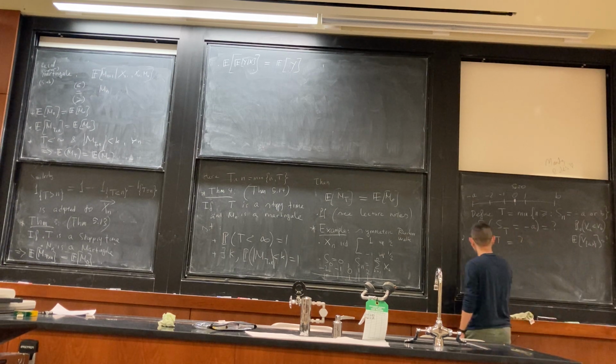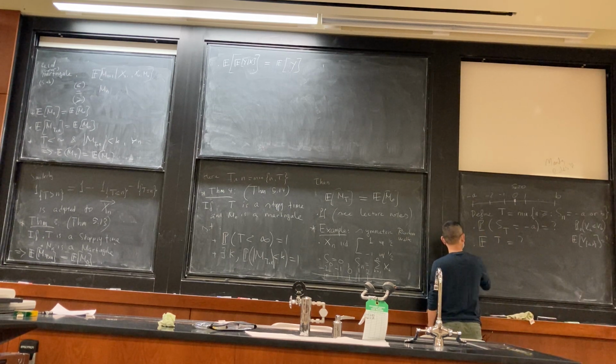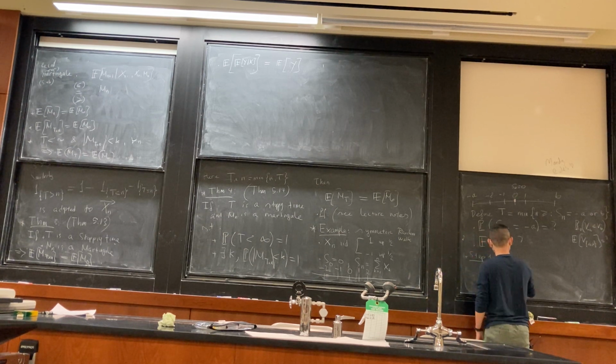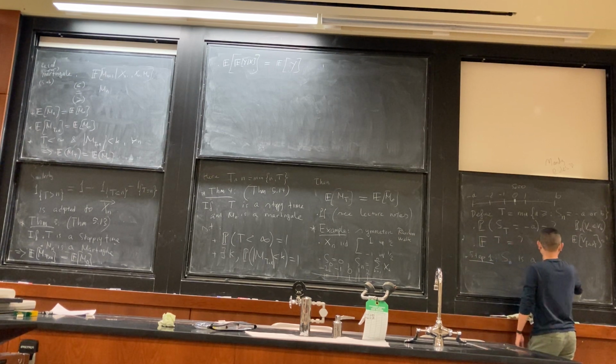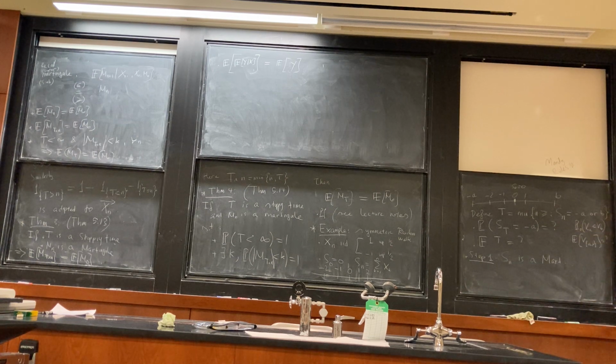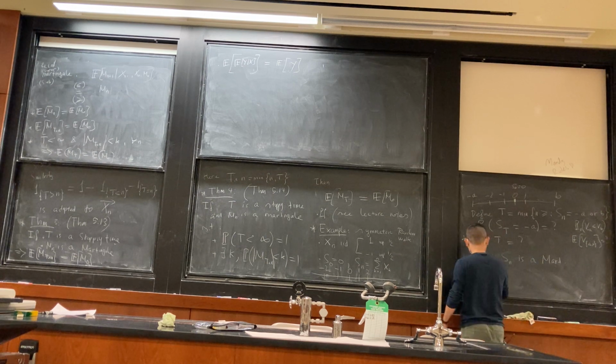Step 1. The claim is S_n is indeed a martingale. This is not really difficult to check, because I think we already did that, I believe. But let me do that again here.